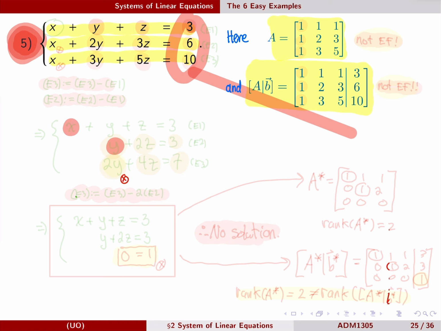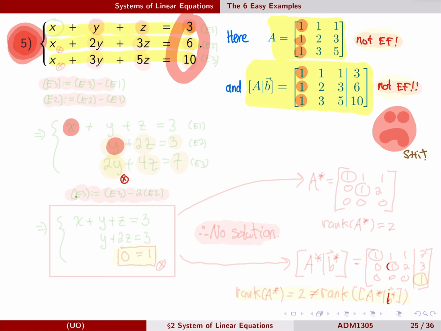But what's interesting here is that all the leading coefficients are in the same first column. Both of these matrices are not in echelon form. So this is not in echelon form. Oh no! Same thing for this one.